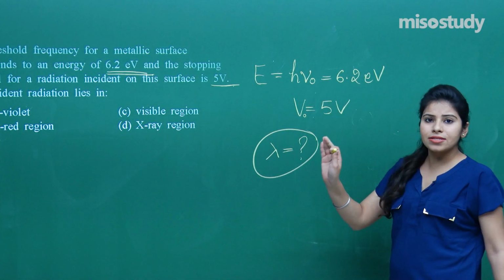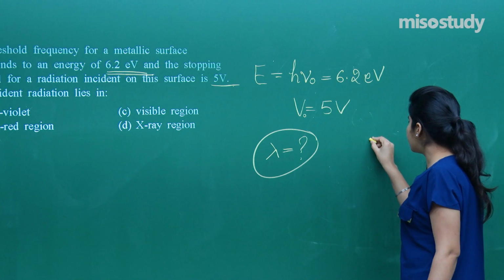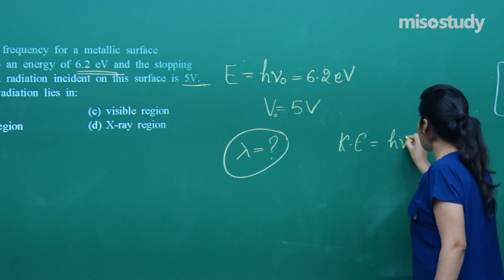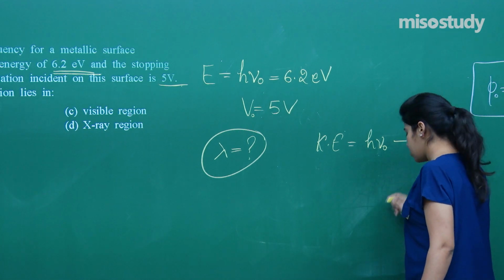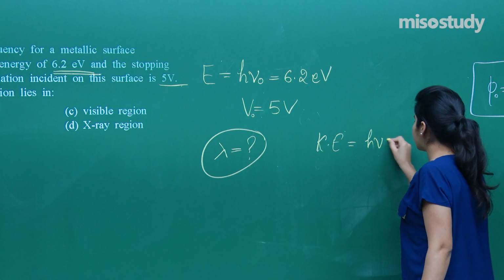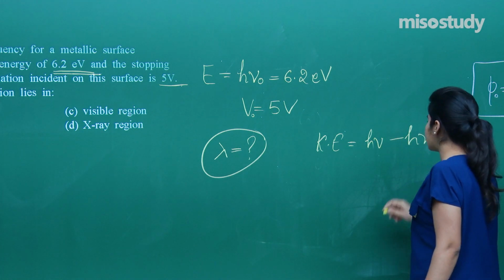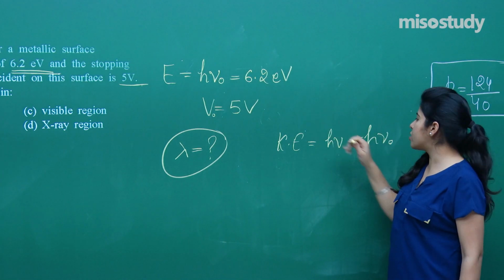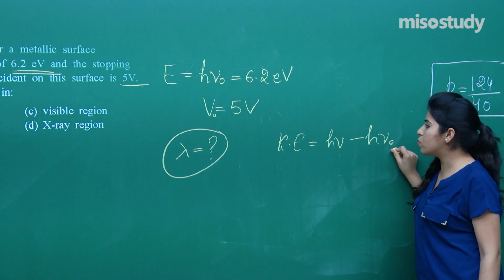And how can we find the wavelength? We know there is a relation: kinetic energy equals h nu minus h nu naught. And it has been given that h nu naught is 6.2 electron volt.